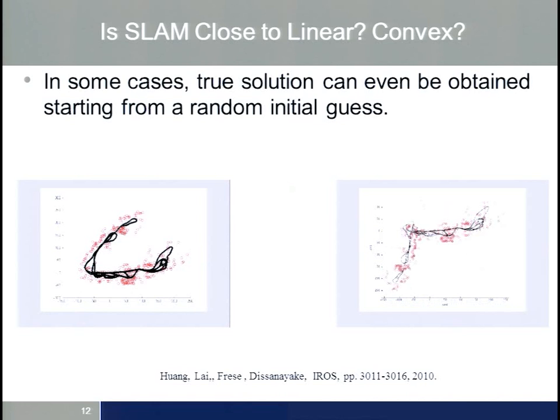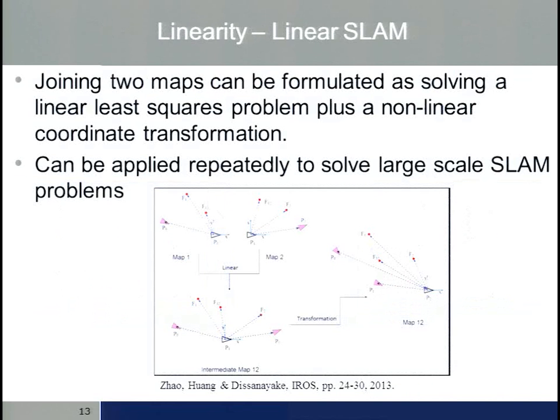So this gave us an idea to look at whether there's a linear solution to SLAM. Is it very close to a linear problem? And about 12 years after we started looking at these submaps, one of the students, Liang Xiao, finally discovered that you can join 2 maps with a simple linear operation.